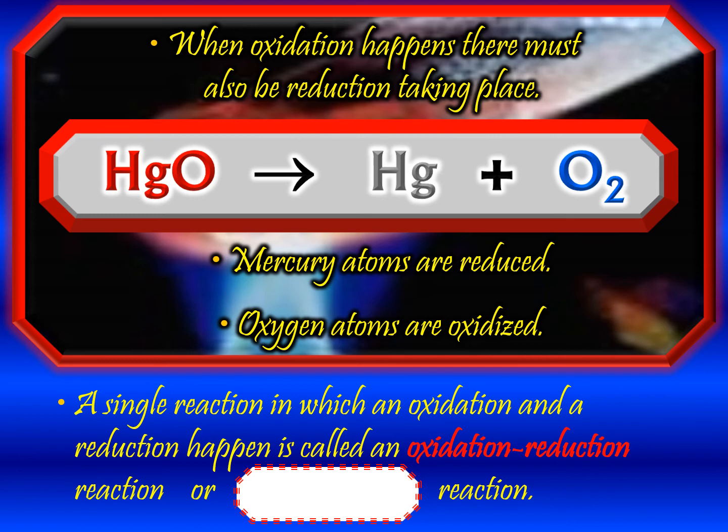So any single reaction like this one, in which an oxidation and a reduction happen, is called, of course, an oxidation-reduction reaction. But oxidation-reduction reaction takes so long to say, they had to come up with a shorter way to say it, and that is a redox reaction.